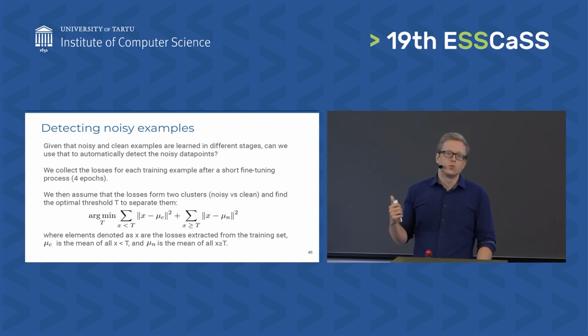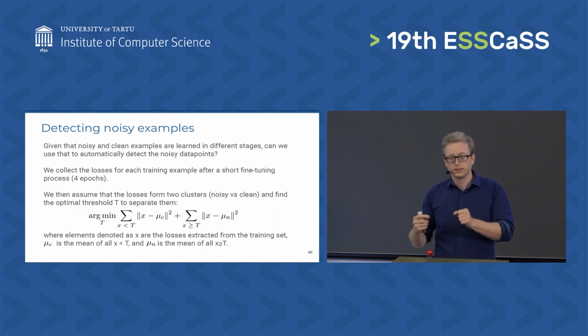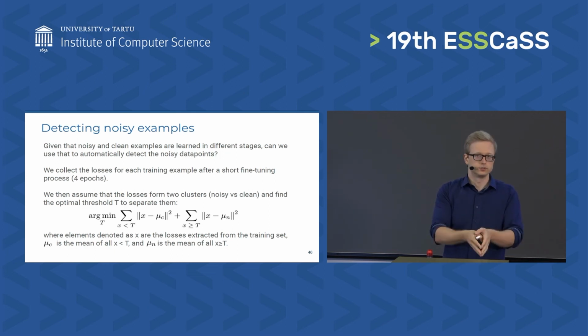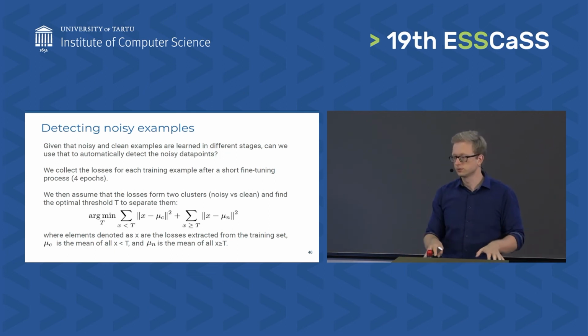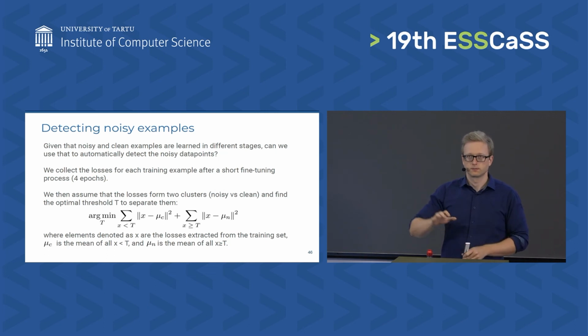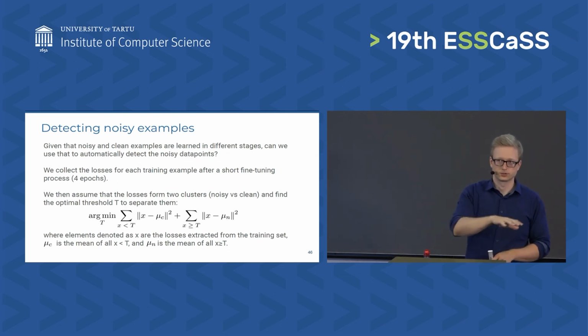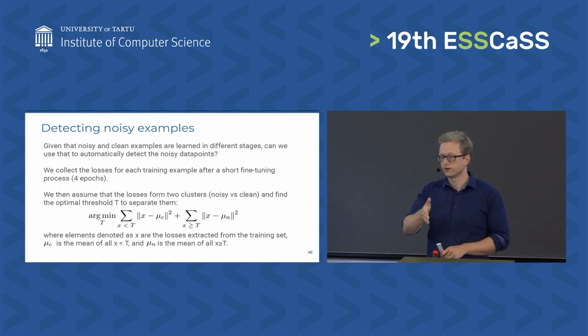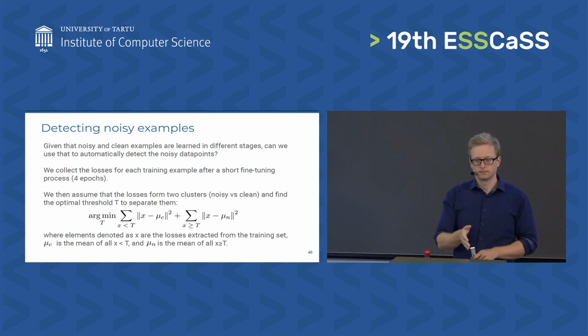And then we measure the losses of all the training examples, and then we assume that these losses form 2 different clusters. So the cluster of high losses would be noisy data points, and the cluster of low losses would be clean data points. And then the task is to just find a threshold between 2 clusters in the data set.